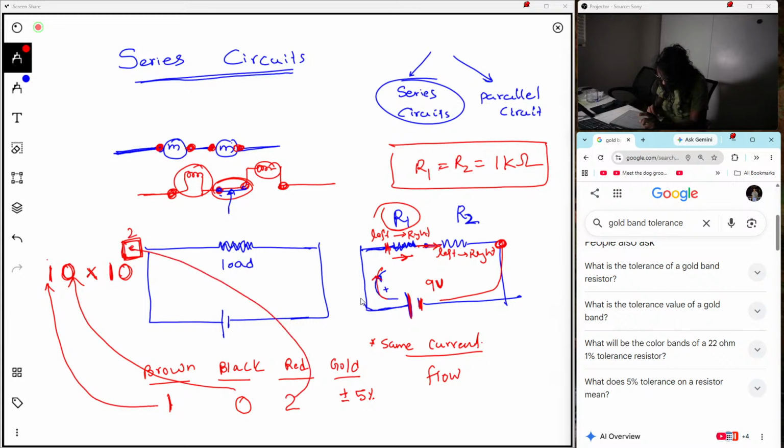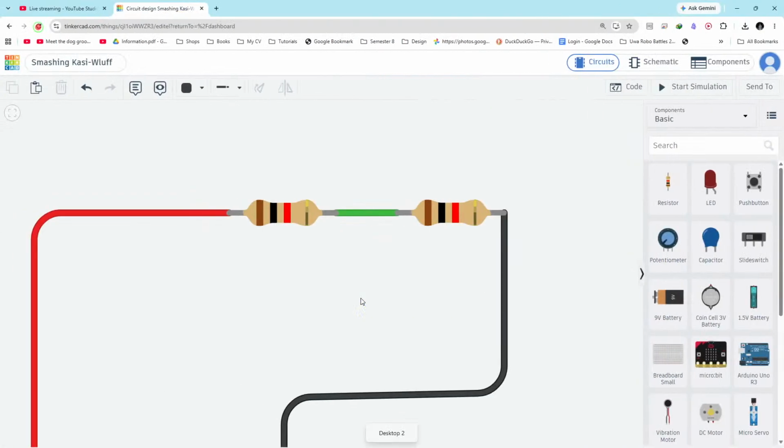So it will be 10 times 10 to the power 2, and it will be in ohms. So what is it? 10 times 100 gives us 1000 ohms. So we have a 1 kilo ohm resistor. In kilo ohms, 1000 ohms is 1k, right? So that's what we have here.